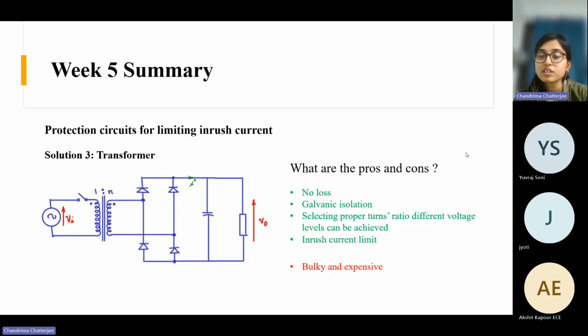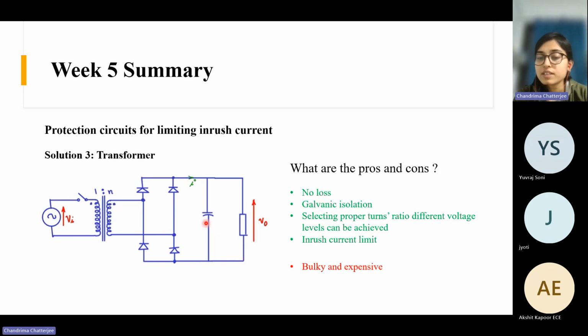The third solution is using a transformer. So after this source, we will have a transformer which has a turns ratio 1 is to n. And after this, with the secondary of this transformer, we have the diode bridge rectifier and capacitive filter and the load.